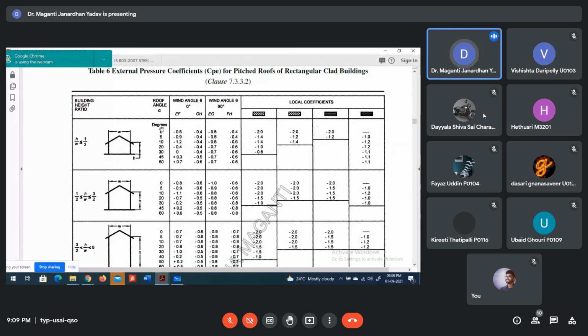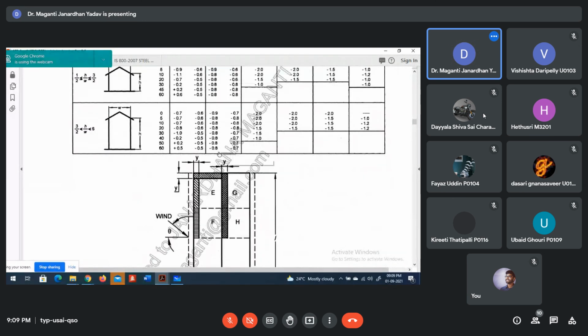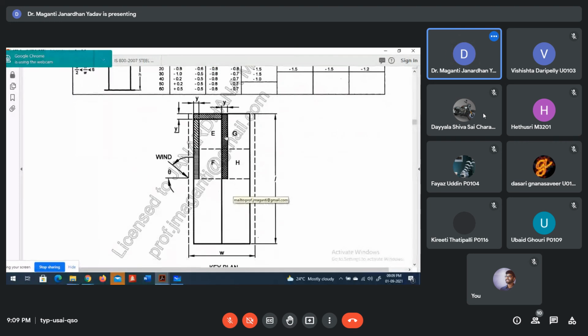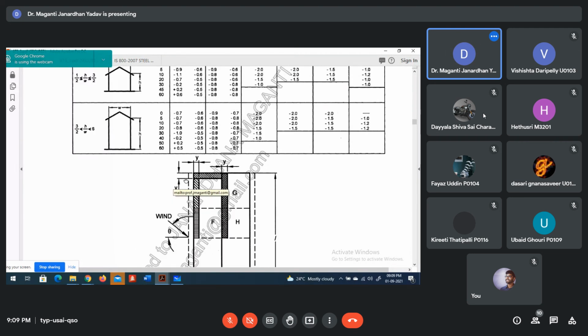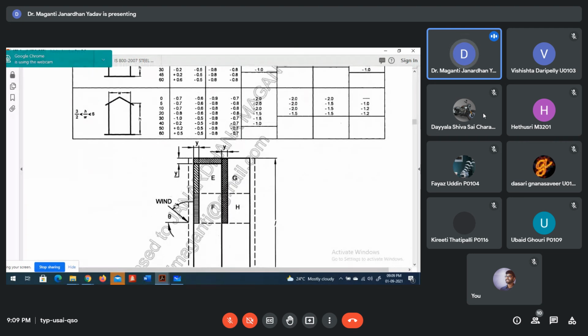So depending on the pitch of that roof angle, what we are discussing is this only. In that, EFGH is denoted. This is the wind direction, and what is the angle? This wind is coming in this direction. This is called windward direction. This is the leeward direction.